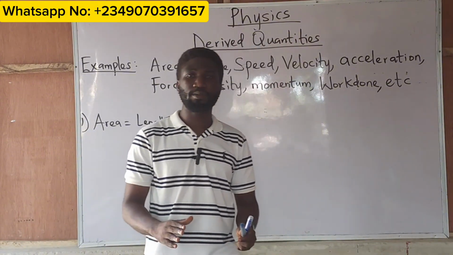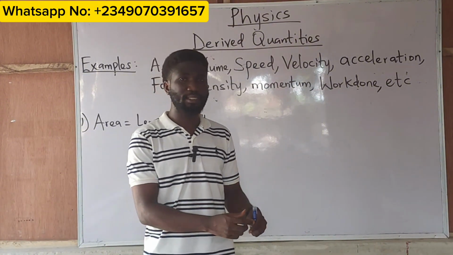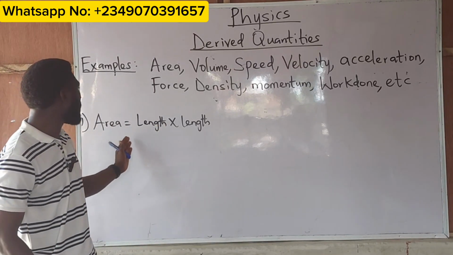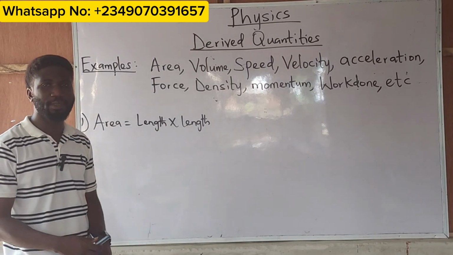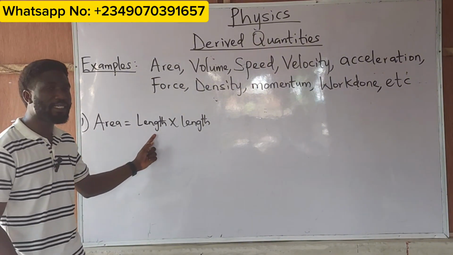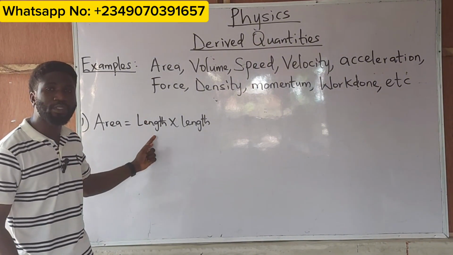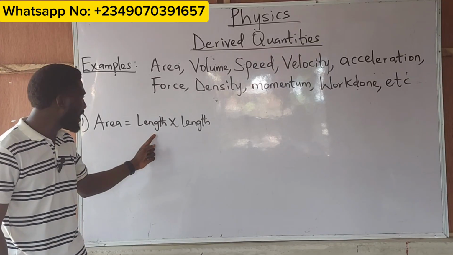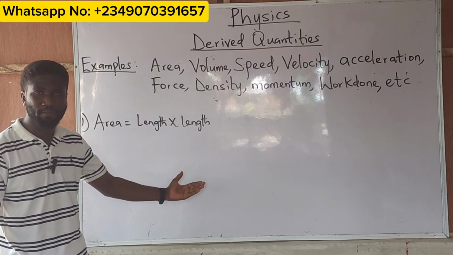But in this case now, we want to stick to length. So length times length. So if this is said to be the formula for area, now ask yourself, from what we've written down, is length a fundamental quantity? Yes. Length is a fundamental quantity.